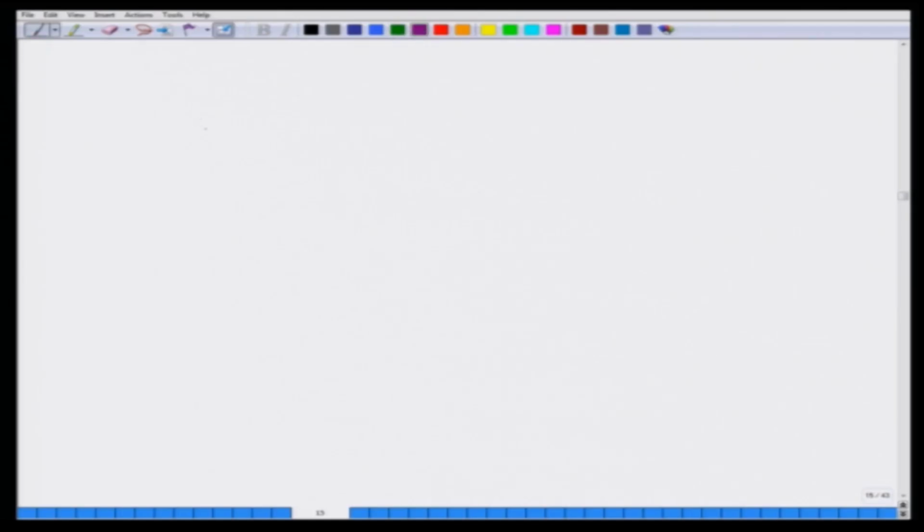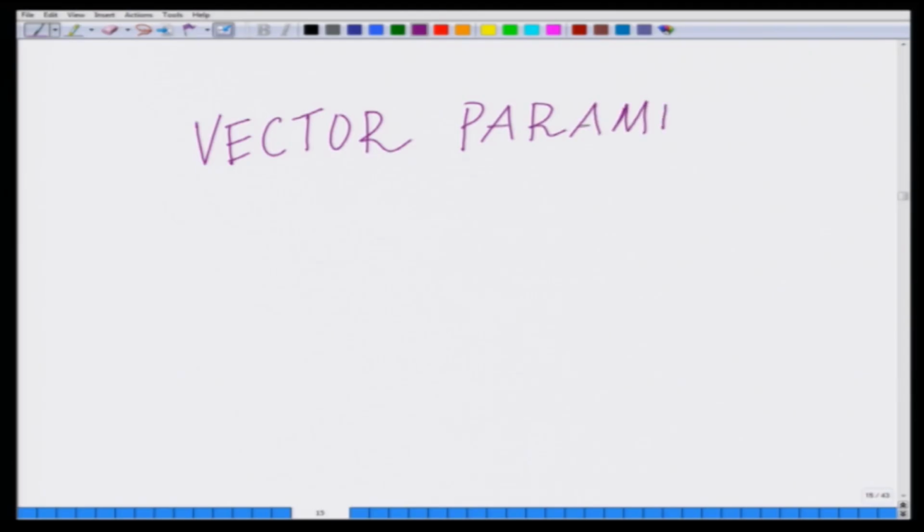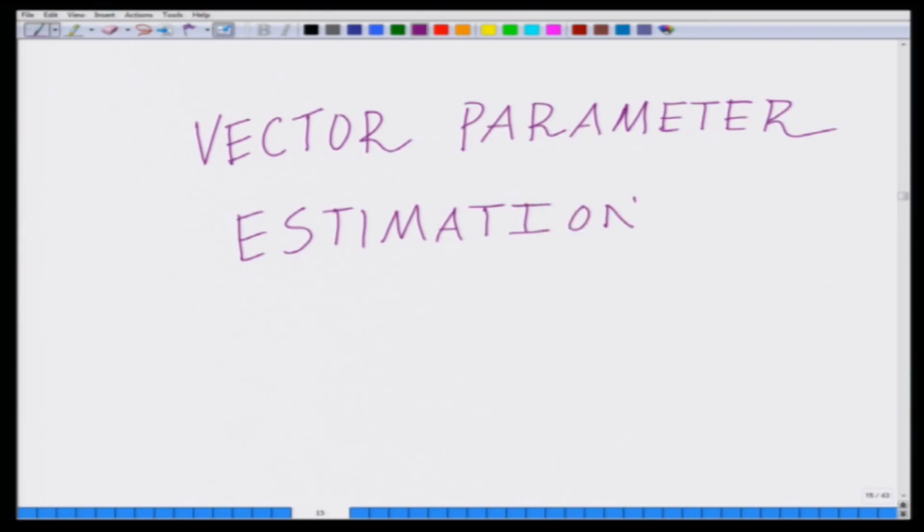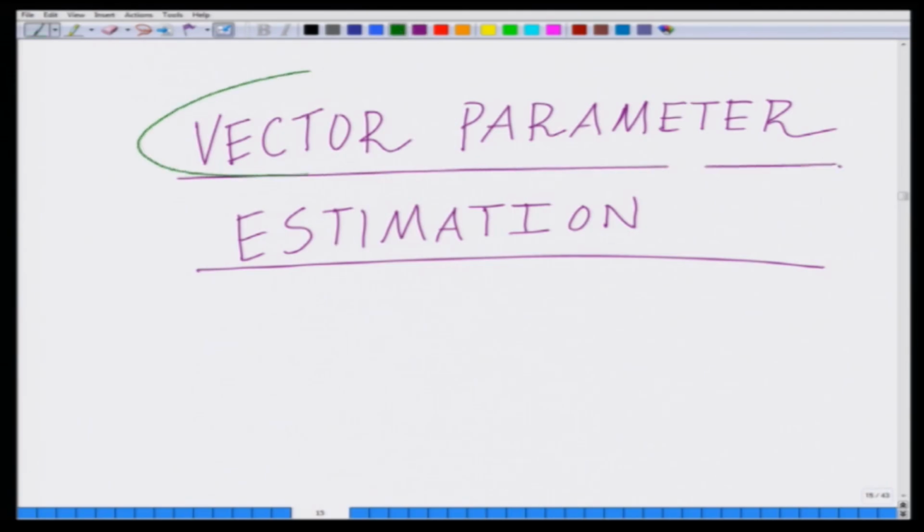So what we are going to start from today is to develop a framework for vector parameter estimation, and in fact the key word here is vector.